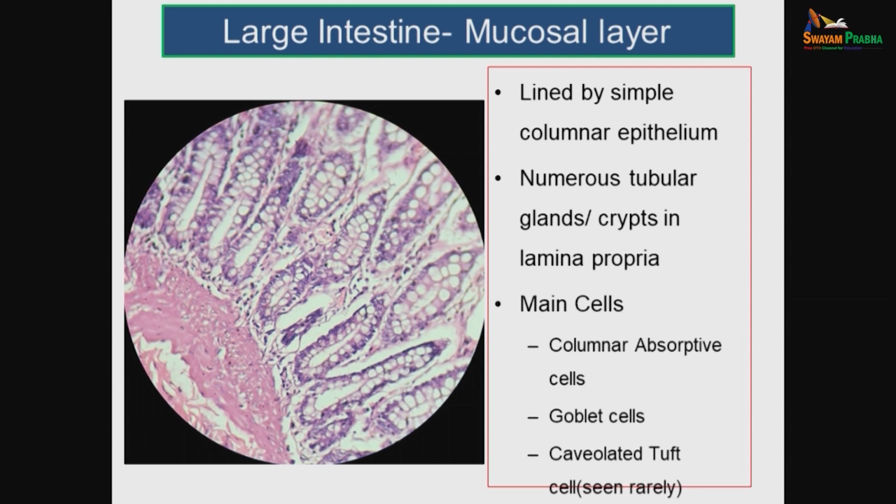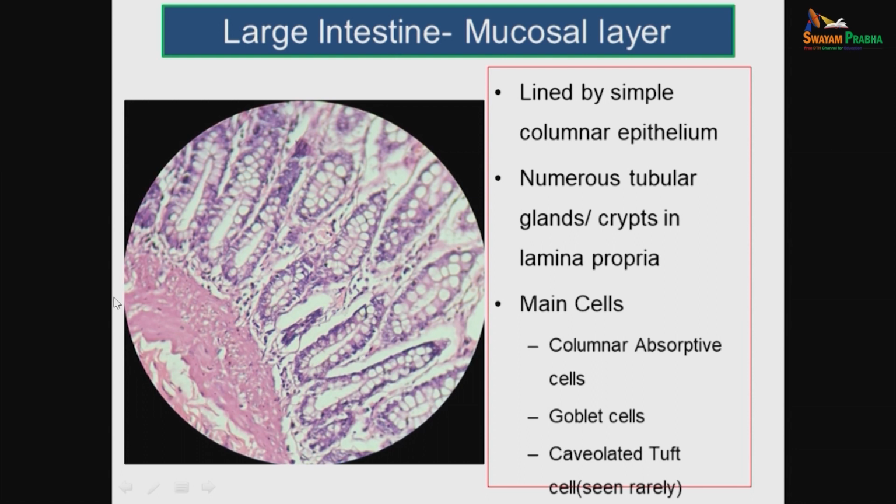It does not have any villi or microvilli or anything. In between the columnar epithelium, in the lamina propria, we see the crypts. These crypts are the tubular glands that are present in the lamina propria. They are called the crypts of Lieberkühn.